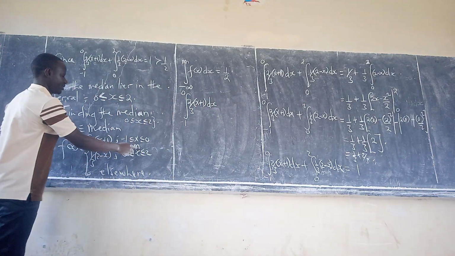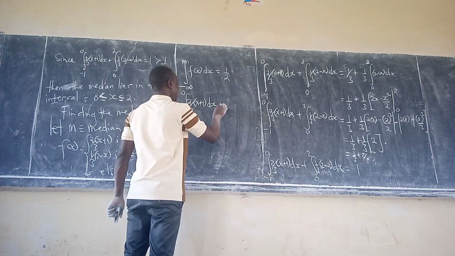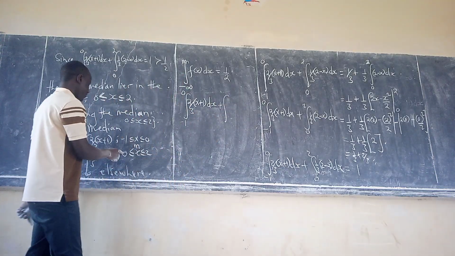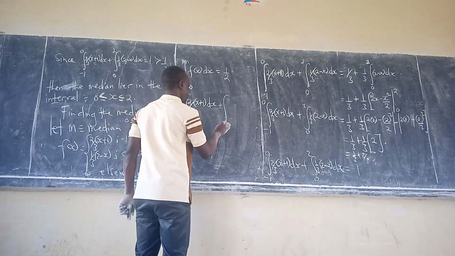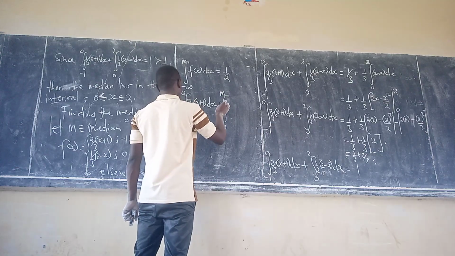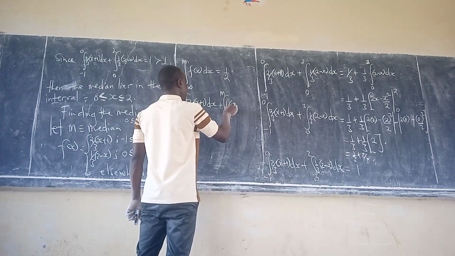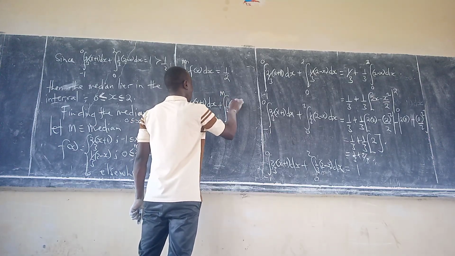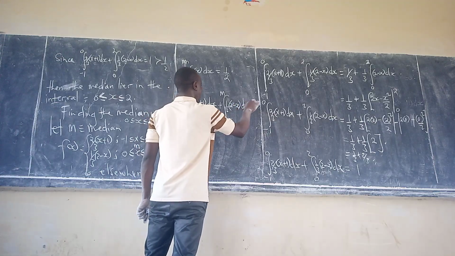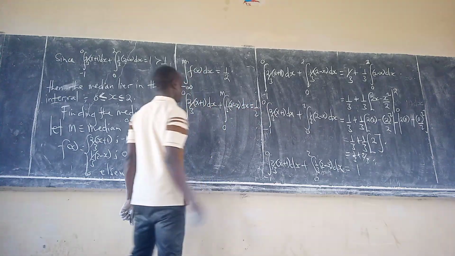We have not reached m yet. Now plus the integral from 0 up to m of 1 over 3 into 2 minus x dx, and the answer should be a half.